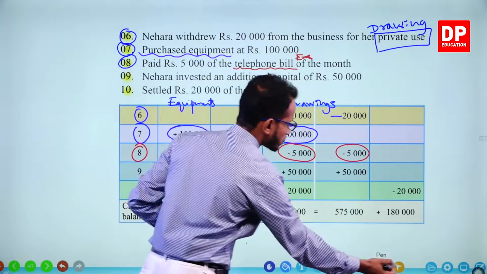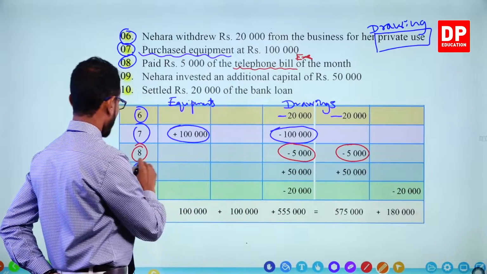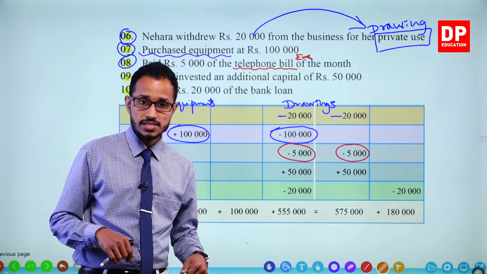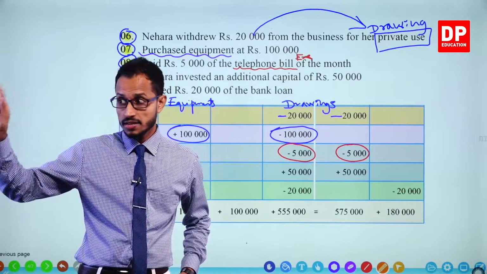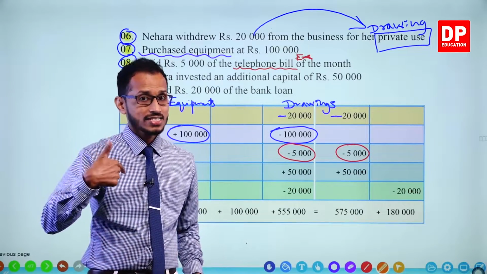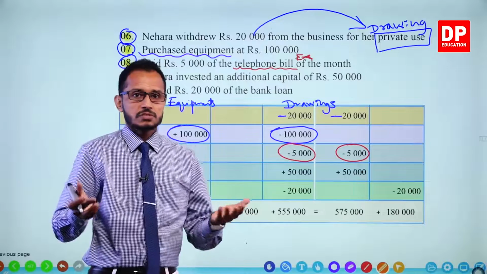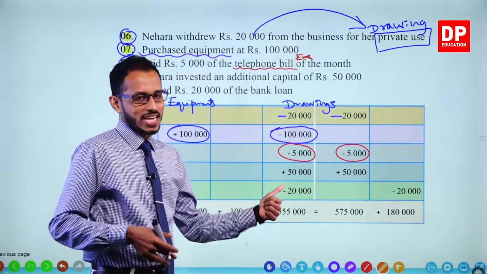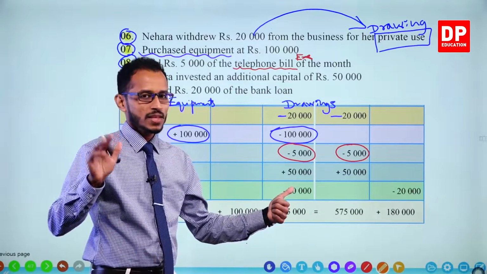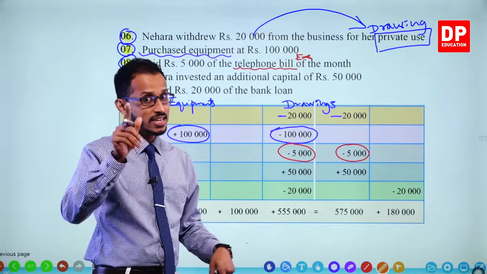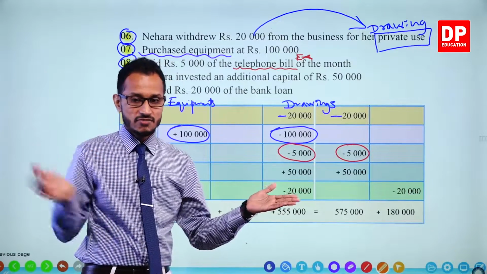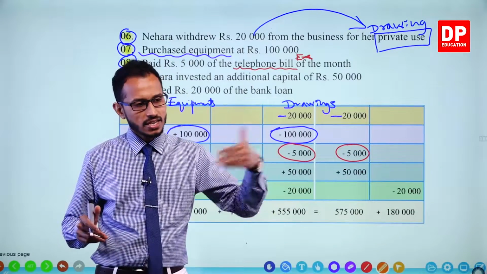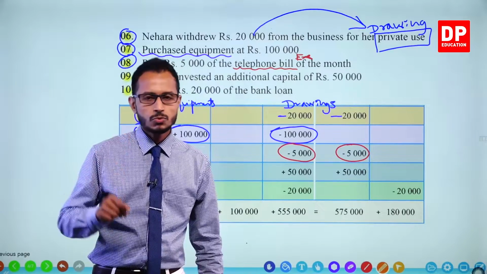9th transaction, Nehara invested an additional capital. Like I said, this time Nehara is bringing in cash to the business, and we are inside the business, we are accountants, we get cash, we are happy. Well, it's not an income, it's a cash inflow. Incomes are different, cash income is an inflow too.